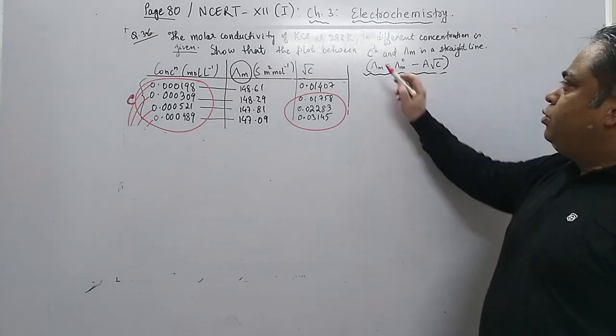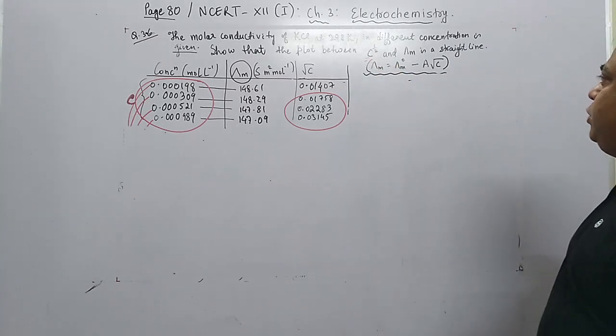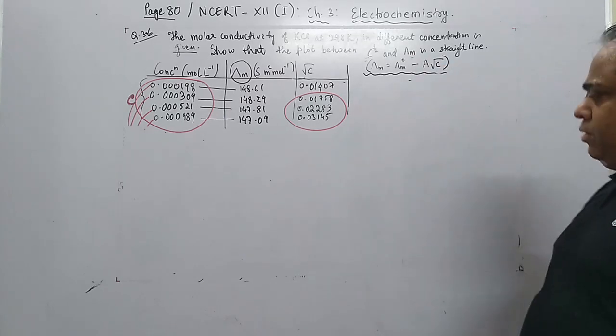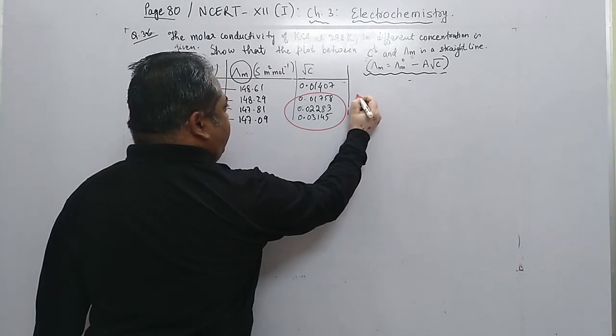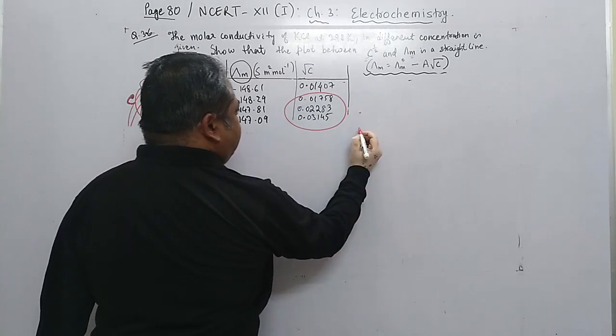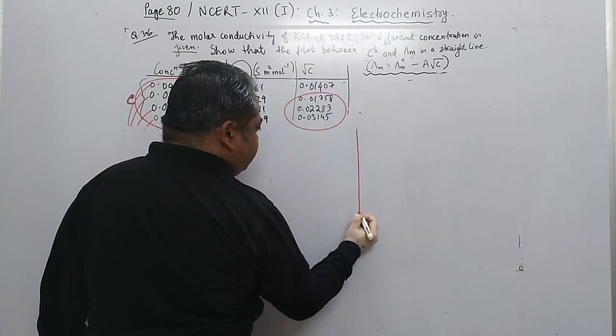Now what we have to do is plot a curve between root C and molar conductivity. So we'll draw one graph.